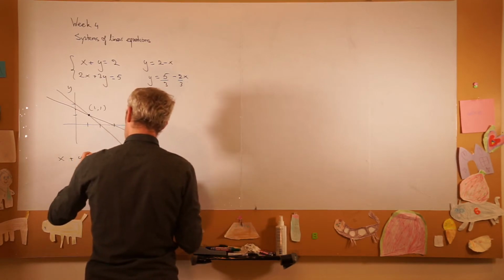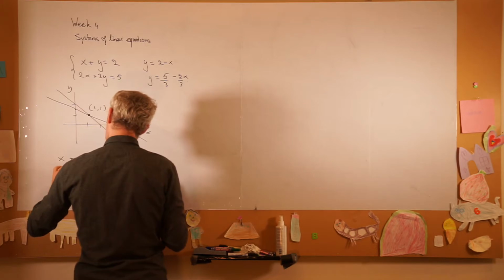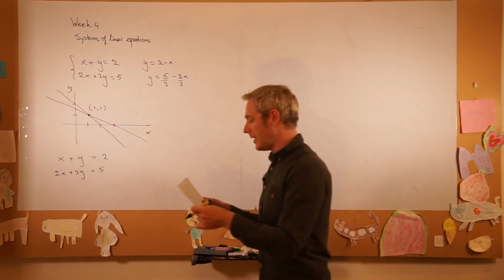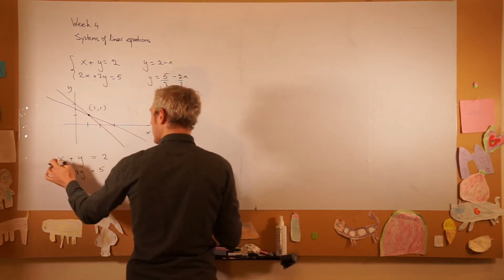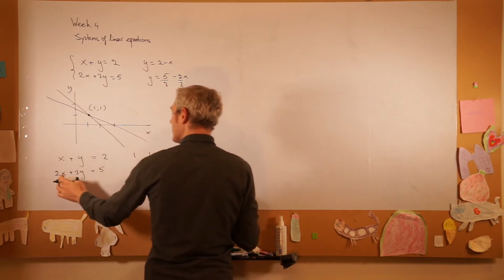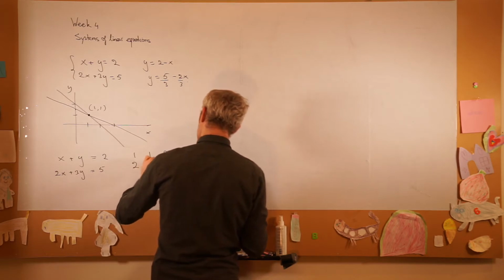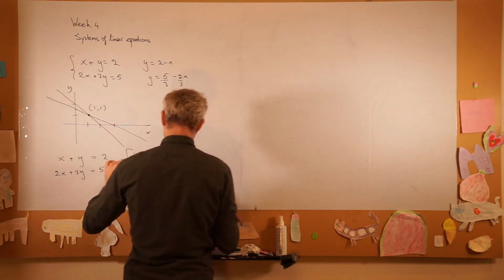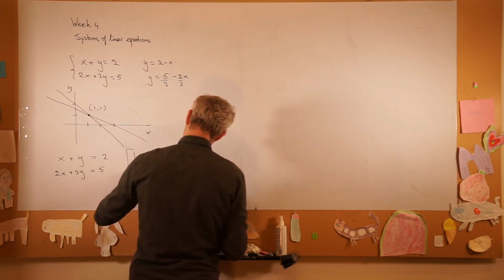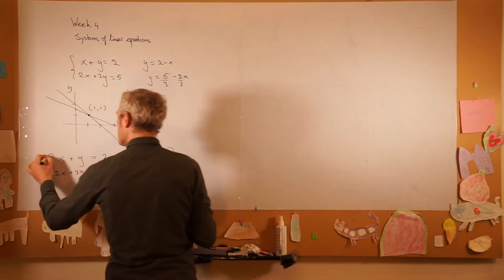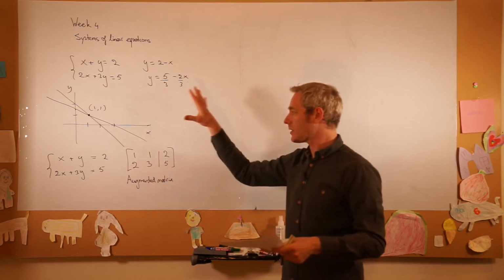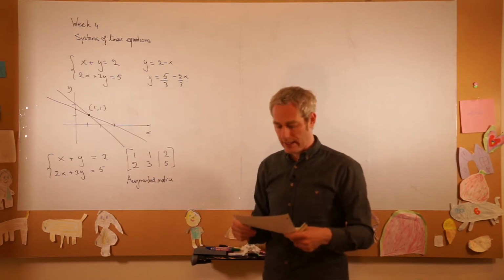So if we have these two equations, we will write that in a kind of matrix form as, well, we have 1x plus 1y is equal to 2, and 2x plus 3y is equal to 5. And this is called the augmented matrix of this set of equations. Now, this is something we'll use later for larger systems of equations. I just wanted to introduce it here.